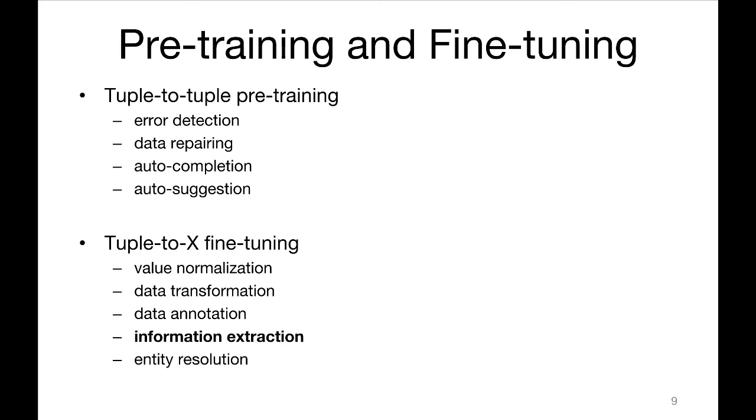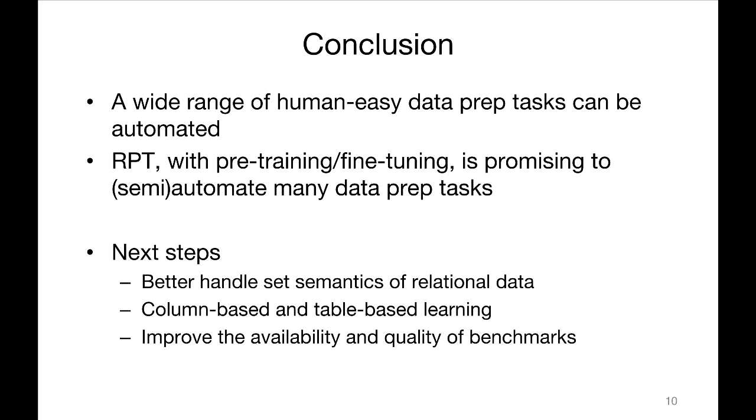X could be tuple, token, label, JSON, and so on. Take information extraction as an example. Given a tuple, it extracts a span or multiple spans of relevant text, which can be done by fine-tuning the decoder to produce the start and end pairs of spans. Here, X represents tokens. Due to time constraints, more details can be found in the paper.